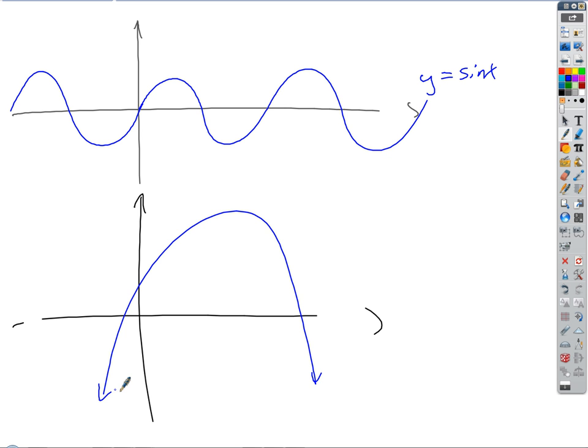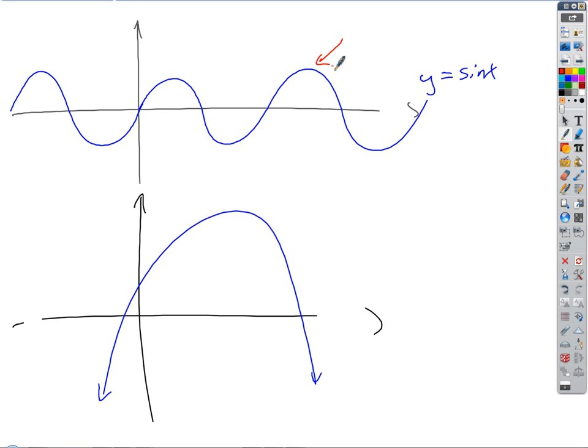So is this a maximum? Yeah, it is, because I could define my interval to be anything on this sine function, and there's never going to be a place higher than that. True. So it is a maximum.